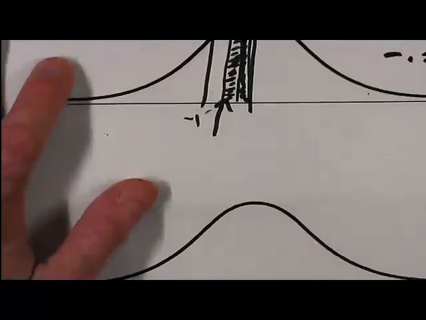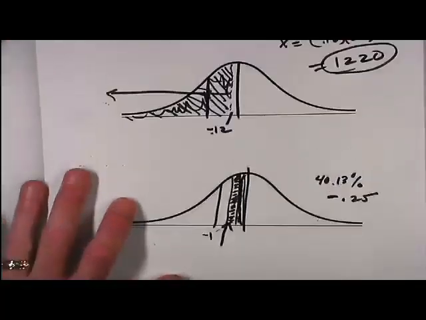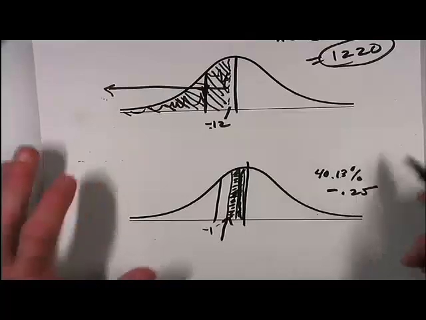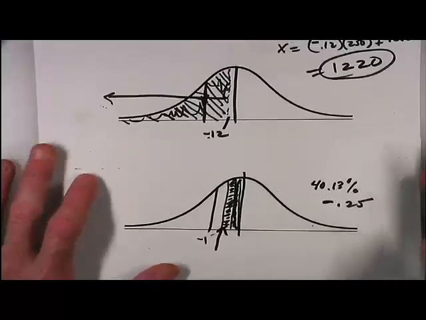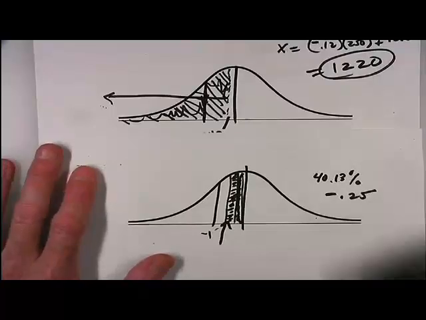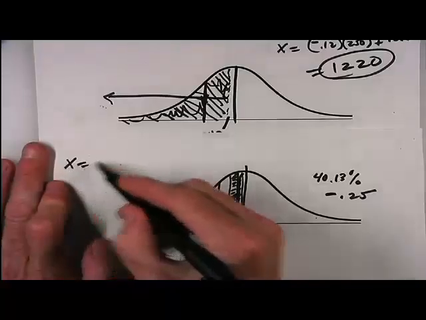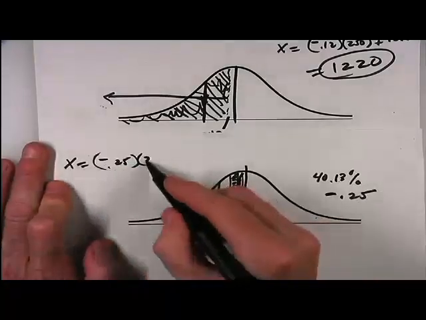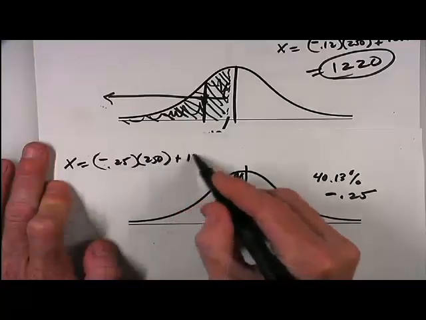So now what is the minimum score? We've got negative 0.25 times 250 plus 1250.